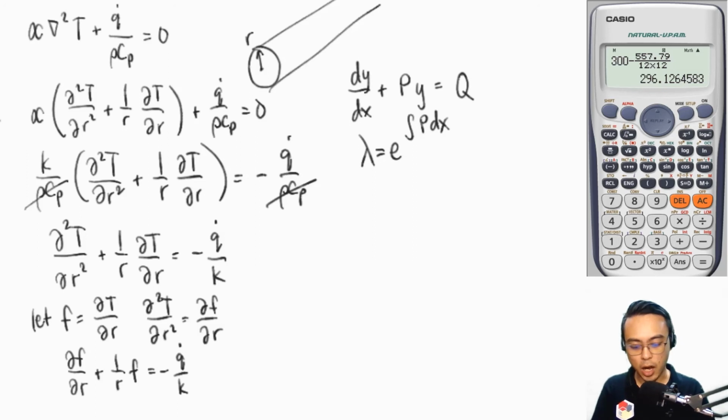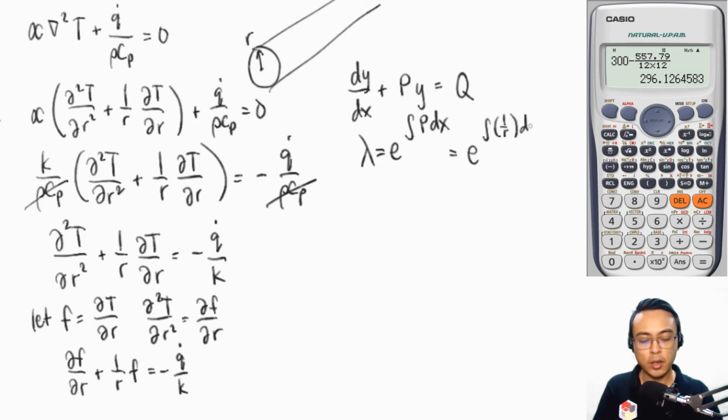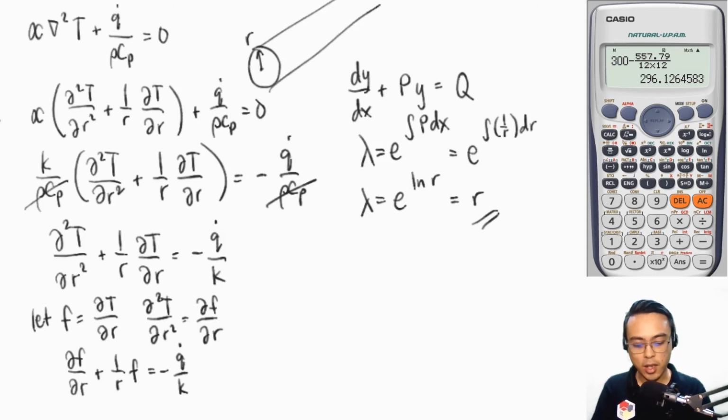In our case, our differential is r, so this will become dr, and this will be equal to e raised to the integral of p, that is 1 over r dr. The integral of 1 over r dr is ln of r, so our lambda becomes e raised to ln of r, which simplifies to simply r. Our integrating factor is r. Okay? Now we can write our general solution to this differential equation as f is equal to the integral of lambda multiplied by q dr all over lambda.